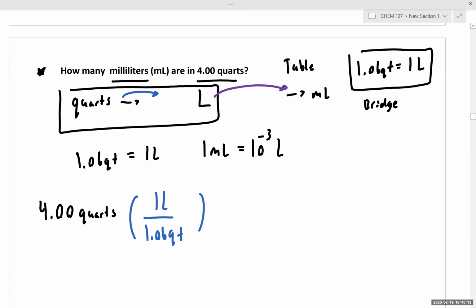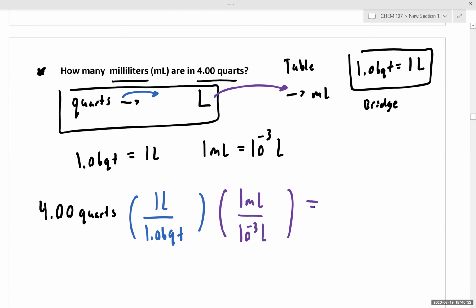Okay, so we bridged our first conversion. Next, from liter to milliliter, what unit goes on top? Milliliters. So we know in 1 milliliter, we have 10 to the negative third liter.